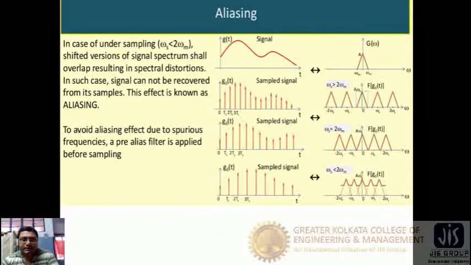Aliasing. Aliasing is an important topic. Before going into aliasing, let's read out the statement of it. In case of undersampling, shifted versions of the signal spectrum overlap, resulting in a spectral disorder or distortion.